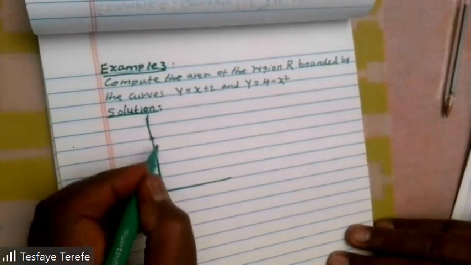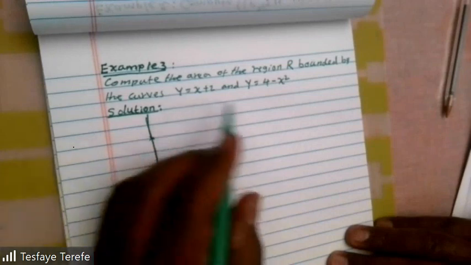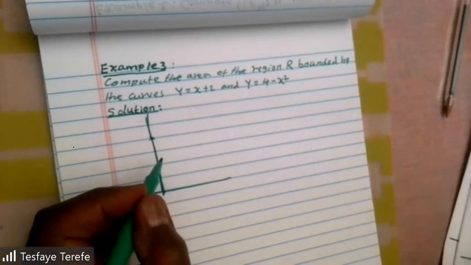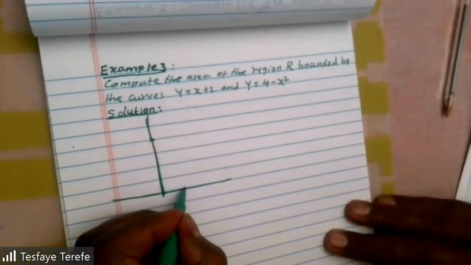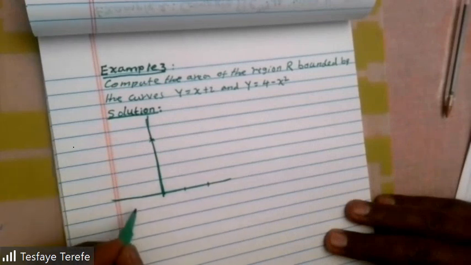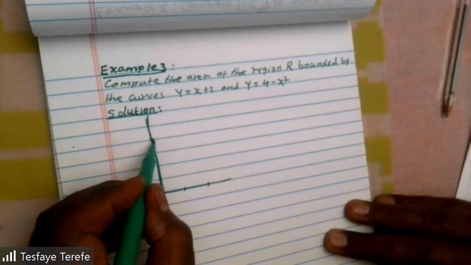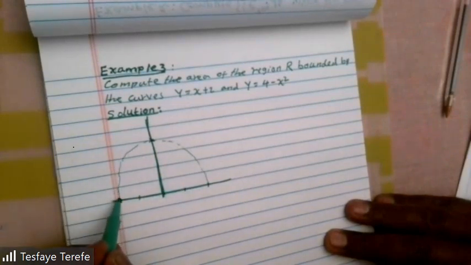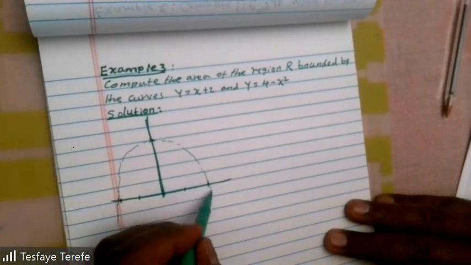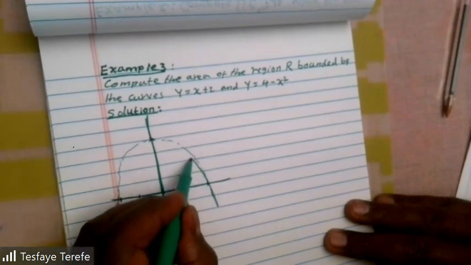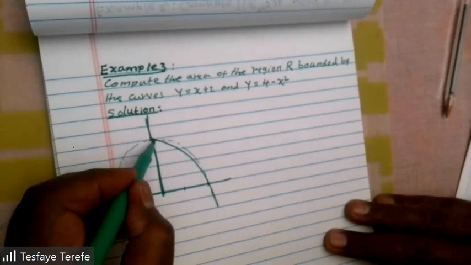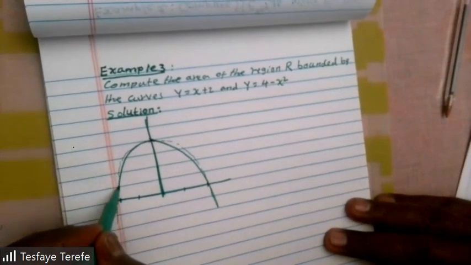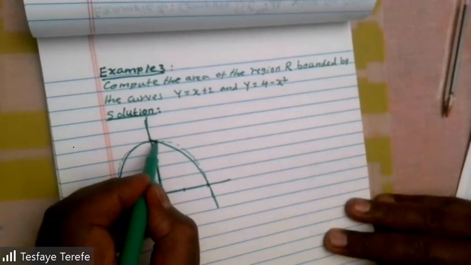Okay, this is 4, y is equal to 4 minus x squared, and when y is 0, x is 2 and negative 2. Roughly, my parabola looks like this one.